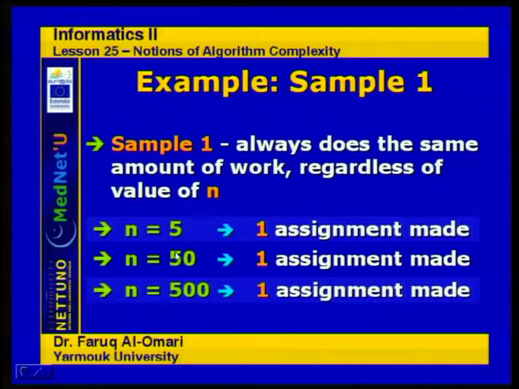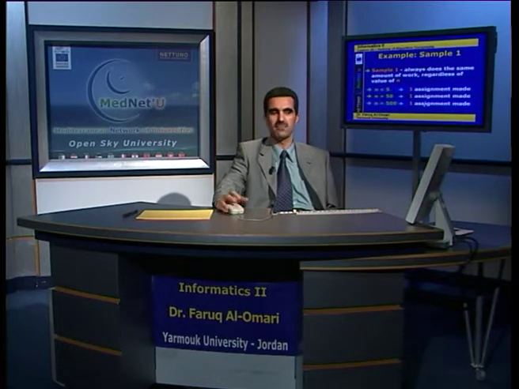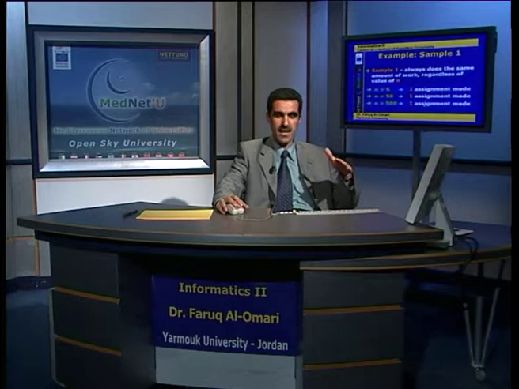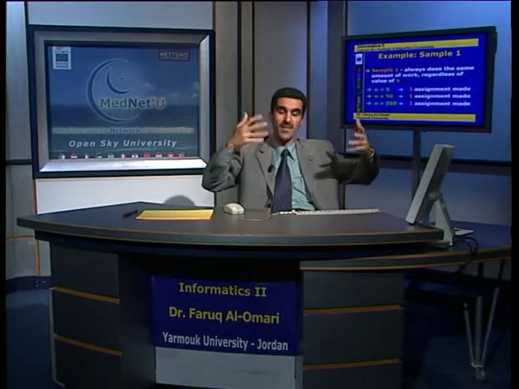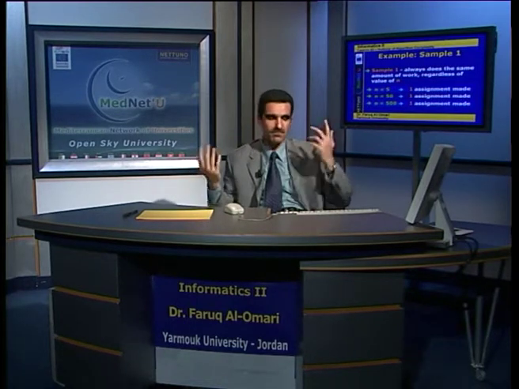If n equals 50, it's again 50 times 50, one assignment. If it's 500 or 5,000, it's the same, one assignment. So one basic operation is performed and the whole task is done, regardless of the input n. So in this case, the number of assignments, and therefore the runtime, is constant regardless of n.